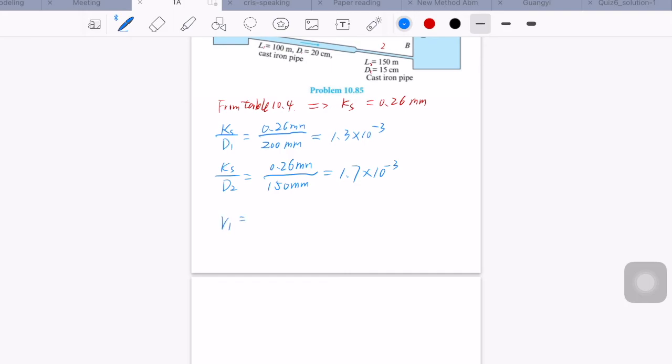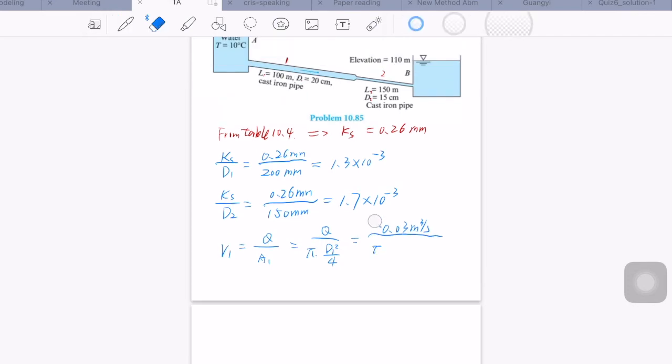And then we need to calculate the velocity in each pipe. So V1 should be equal to Q divided by A1, equal to Q divided by pi times D1 squared over 4, so equals 0.3 cubic meters per second divided by pi times 0.2 meters squared divided by 4, so V1 is 0.955 meters per second.